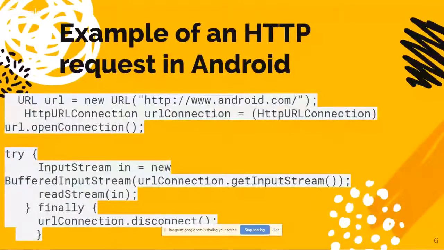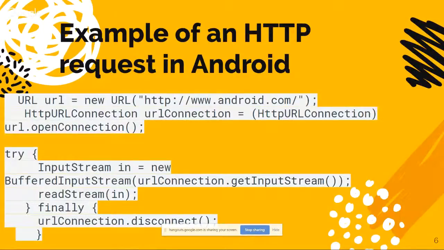Now, this is an example to retrieve the web page android.com. If you see, we are using a URL object to store the address we are requesting, and then we have an object from the class HttpURLConnection.